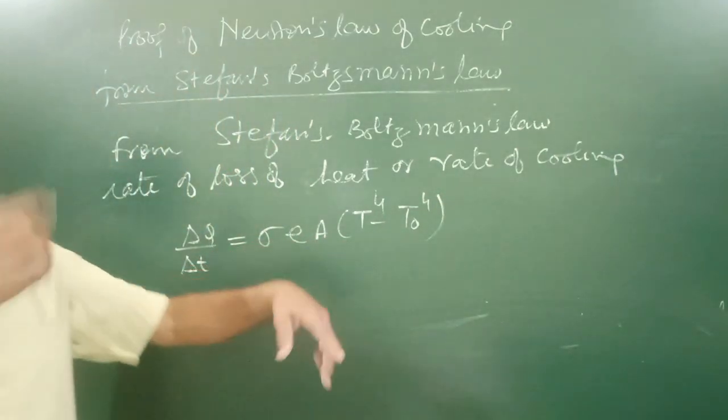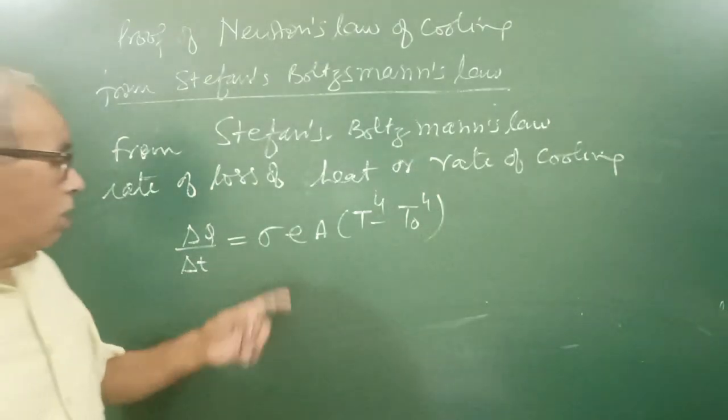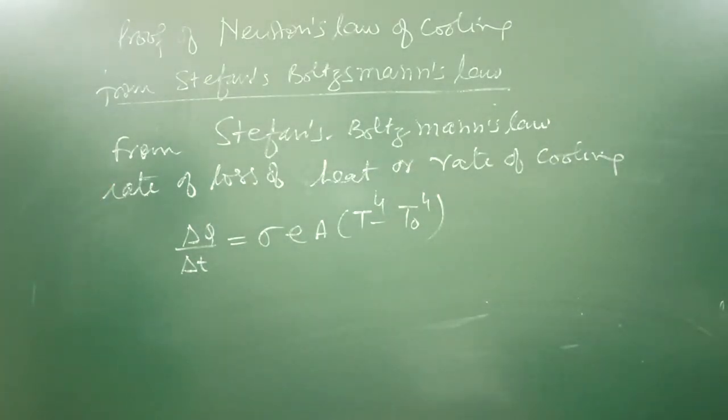A is the area of the body, E is the emissivity with respect to a black body, and sigma is the Stefan constant.